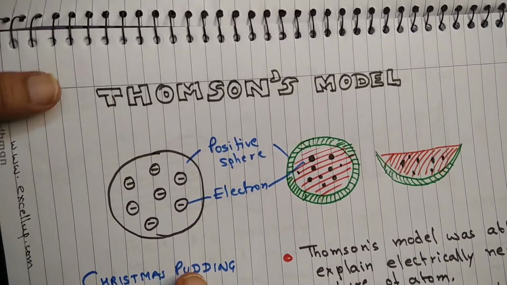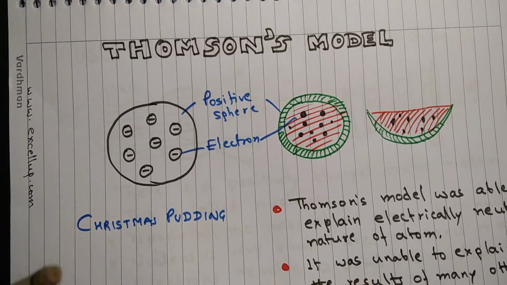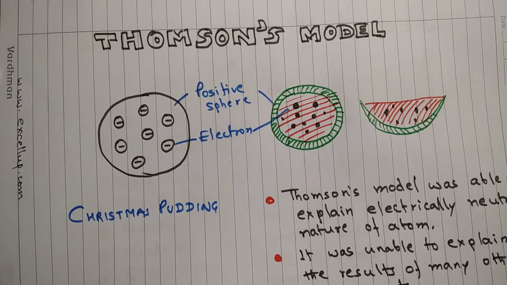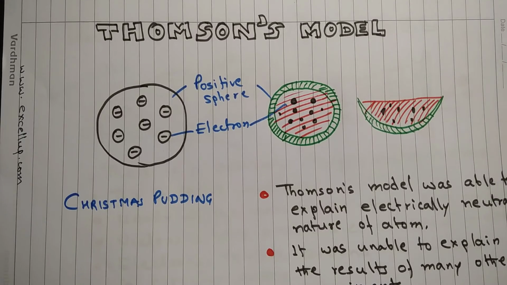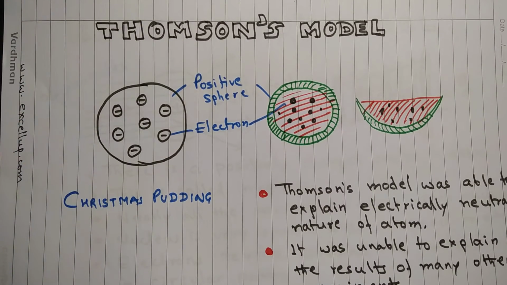Thomson's model of atom. Now, J.J. Thomson proposed his own model of atom. He said that the atom is like a Christmas pudding, in which there is a positive sphere and negatively charged electrons embedded in this sphere, the way it happens in a pudding.